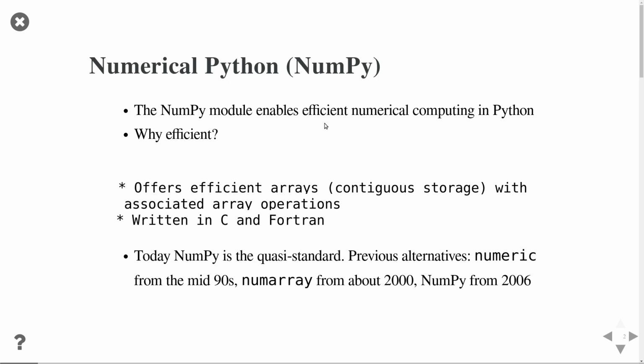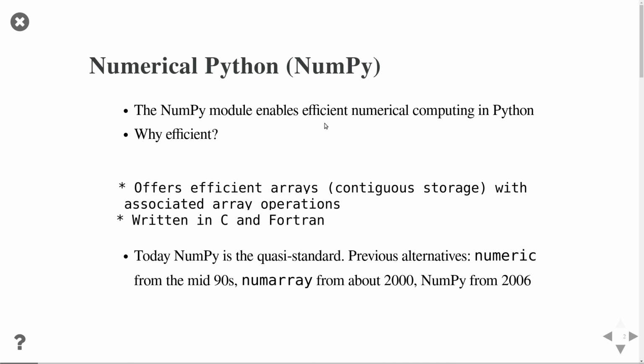And so why is it more efficient than just using plain Python? Well, the first difference is that it offers very efficient array storage and computations. Technically, in NumPy we have arrays, in Python it's just lists, and they're stored continuously in the memory of the computer.